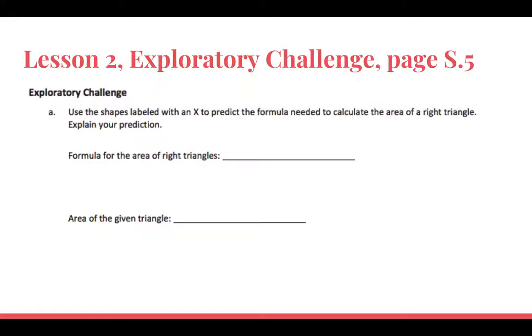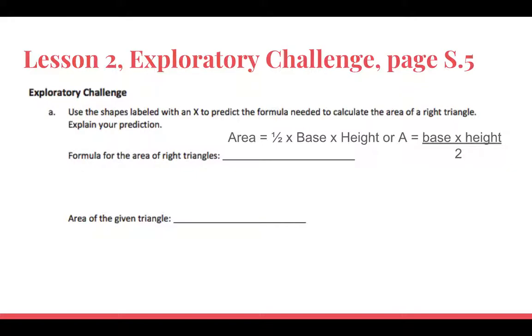So we're back to our exploratory challenge on page S5. I'm hoping that by now you've realized that the area of a right triangle is 1/2 the base times height, because area equals base times height over 2. That one right triangle that you've been able to fit inside the rectangle is half of that rectangle.